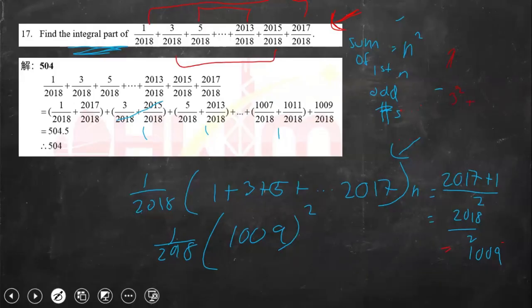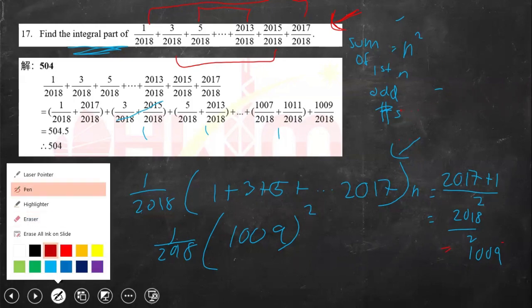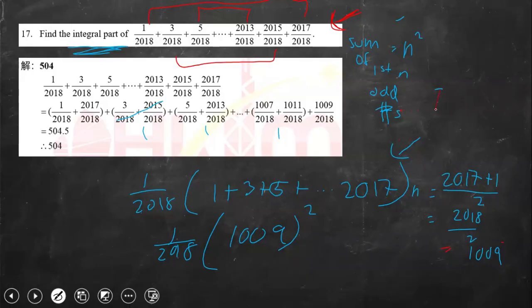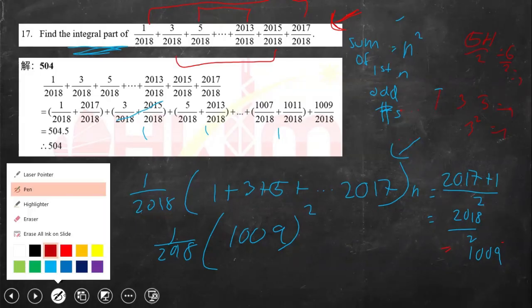Oh wait, no. We have 1, 3, 5, that's 9, and that's 3 squared. Did I make a mistake? Yeah, that's going to be 5 plus 1 over 2, 6 over 2, just 3 terms. Where did I make a mistake? 1009 squared. Ah, okay. There's no mistake.